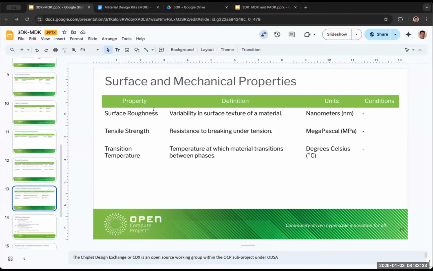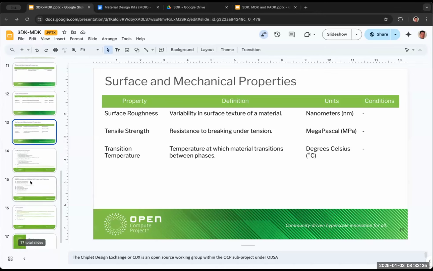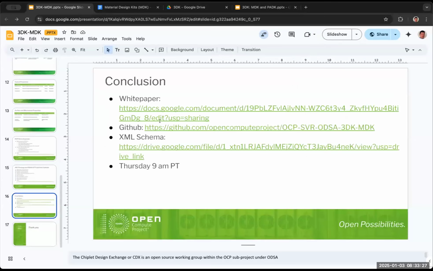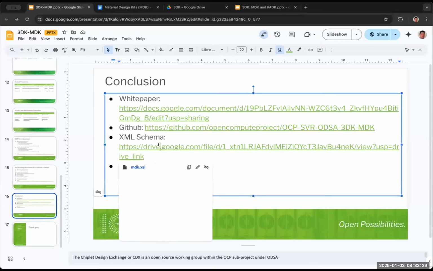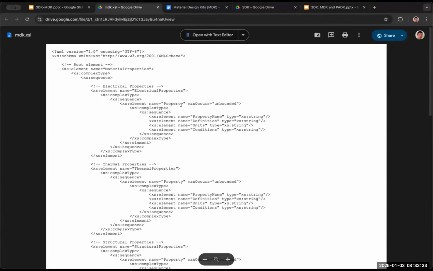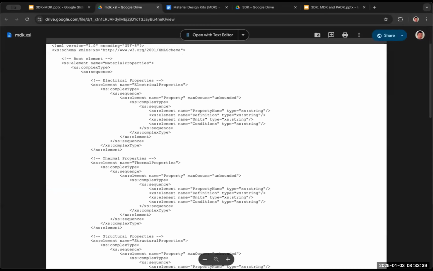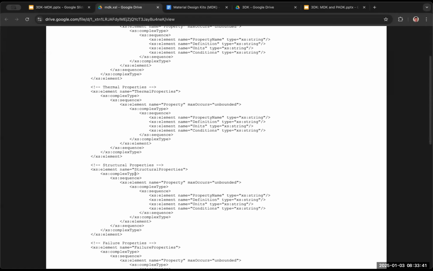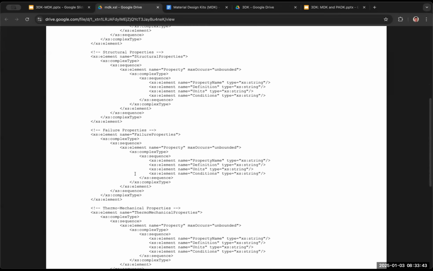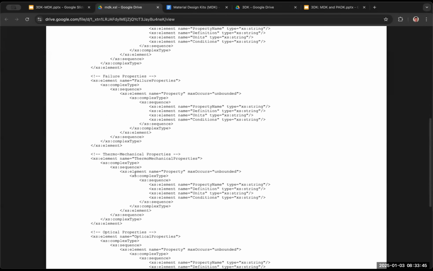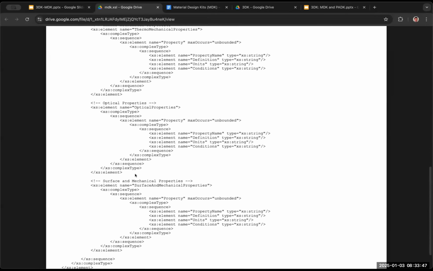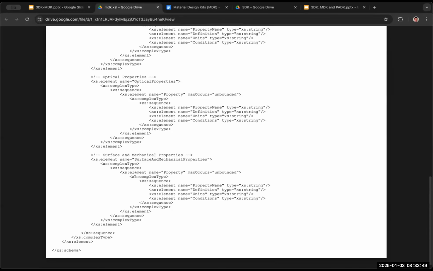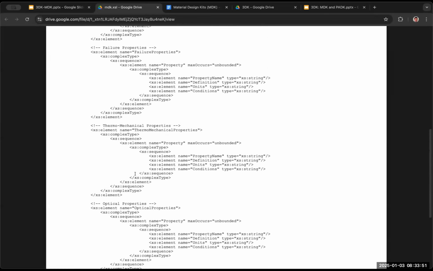As part of the structure, it will describe all this information. I can quickly open up the schema for reference. Okay, I see you've got electrical. So this is all part of the material. Yes, structural, failure, thermomechanical, optical. I see. Okay. Thank you. Sure.